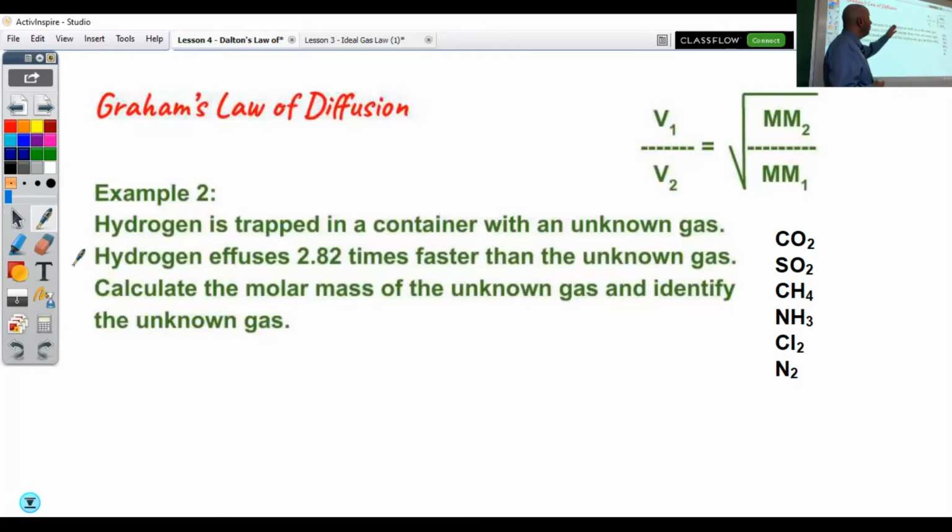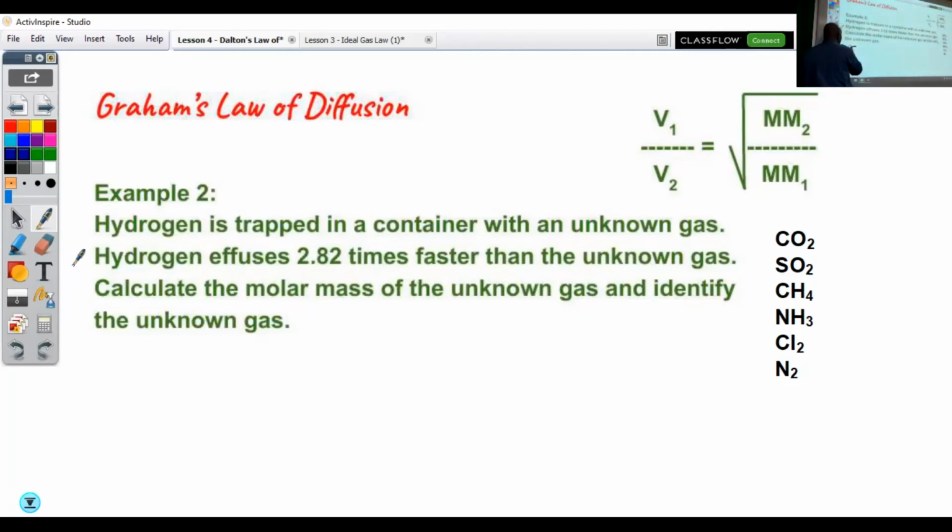So we're going to use our formula V1 over V2 equals the square root of M2 over M1. But this time, instead of solving for the ratio of rates, which we're given in this case as 2.82, we're going to be solving for one of the molar masses.